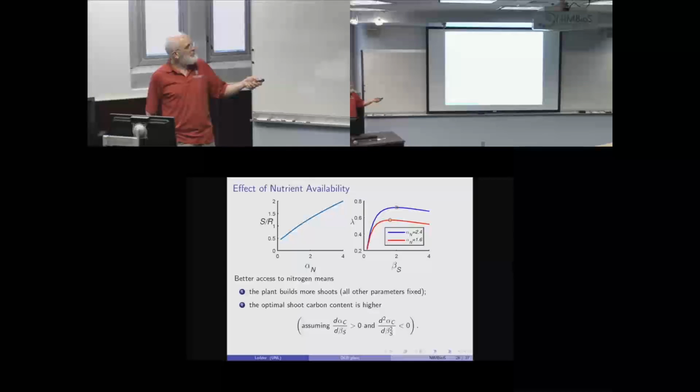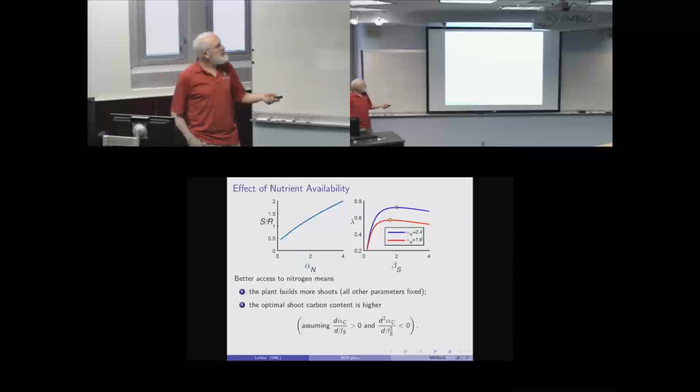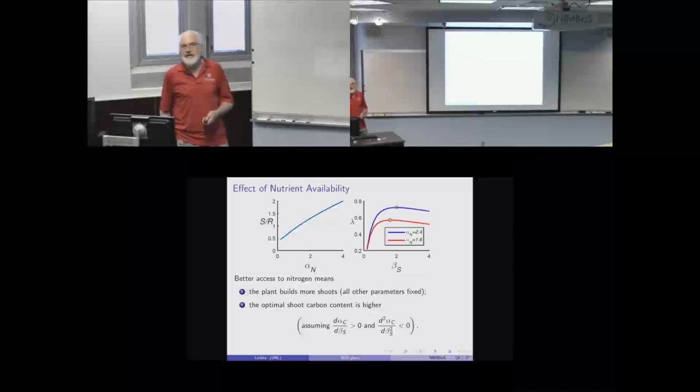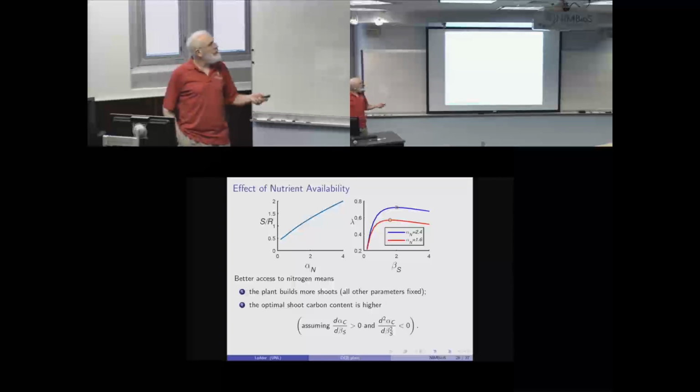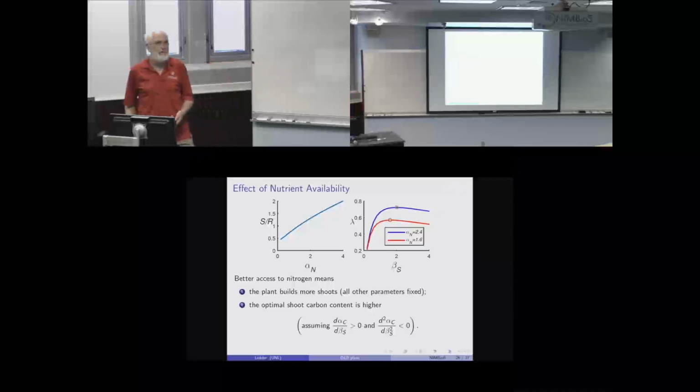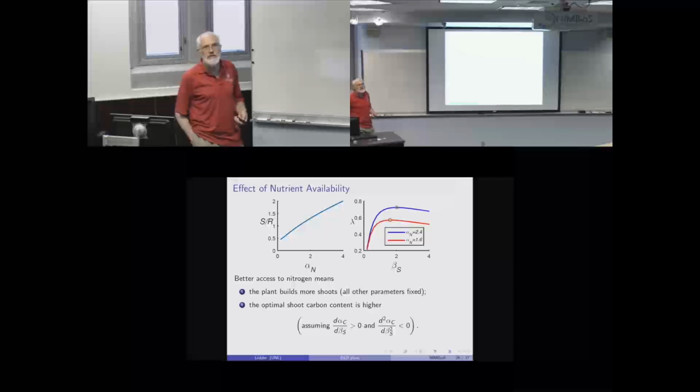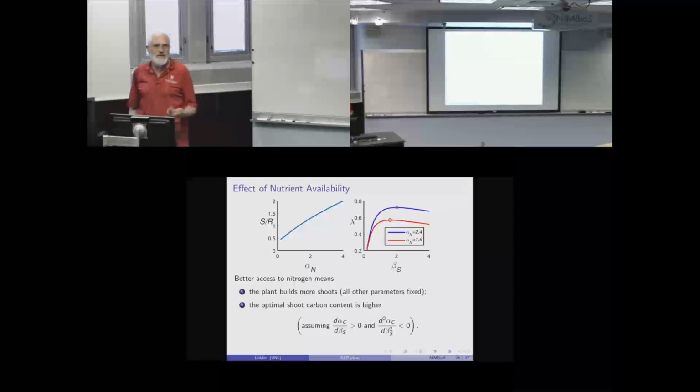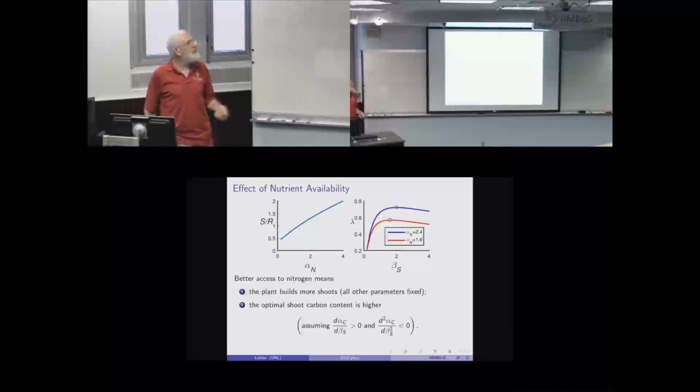And so this is your optimal nitrogen content in shoots. If you're in the clay soil, your optimal nitrogen content in shoots is a little lower. Okay, so in the soil where nitrogen is more available, you put more nitrogen into the shoots. It's not a very large effect, but it's an effect that perhaps could be measurable. And it is something that we do see in the stoichiometry of trees that live in different soils.